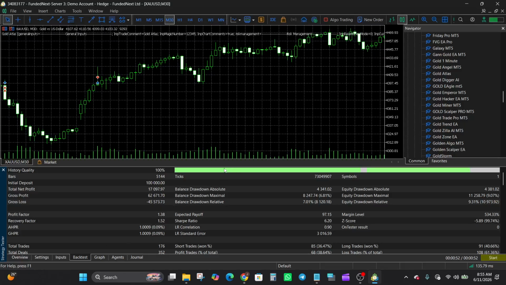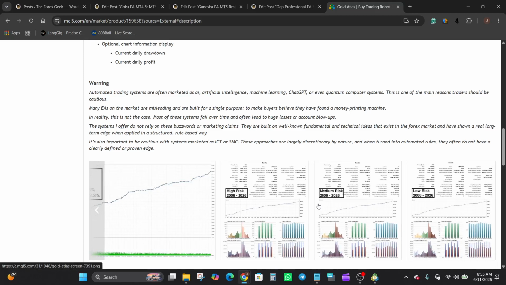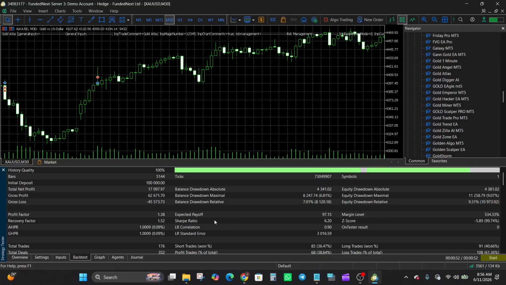Okay, so based on the information provided on the marketplace page, we can see that the long-term testing showed 2006 to 2026, right, with a large number of trades, and we have also seen how it performed just within about 5 months plus.